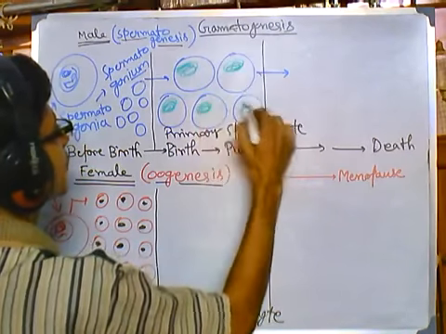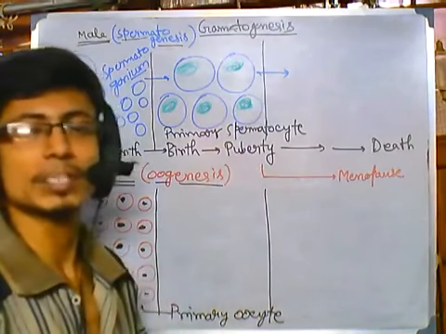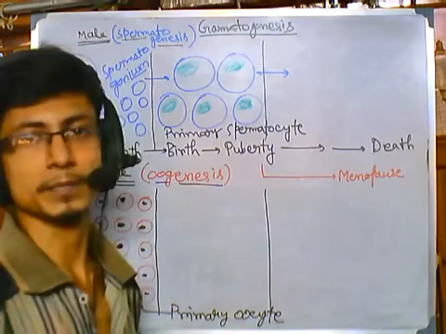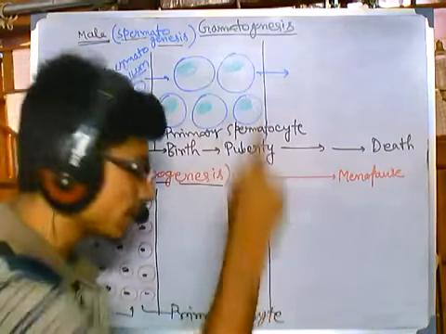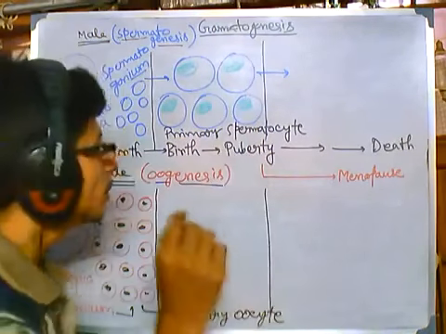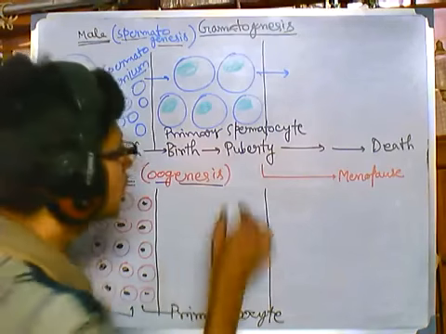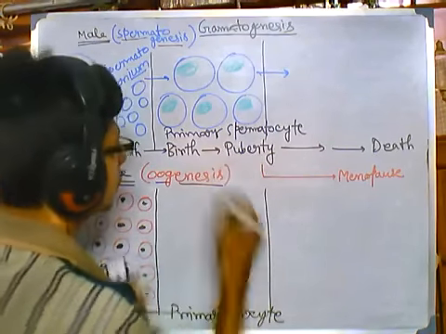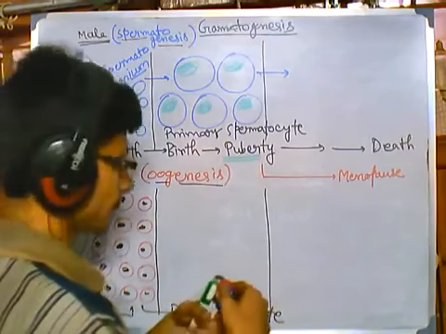Now as the primary spermatocytes mature, they receive some hormonal signal. The hormone they need for the maturation of spermatocyte into other specialized cells is testosterone. During the puberty of male, they receive an enormous amount of testosterone.